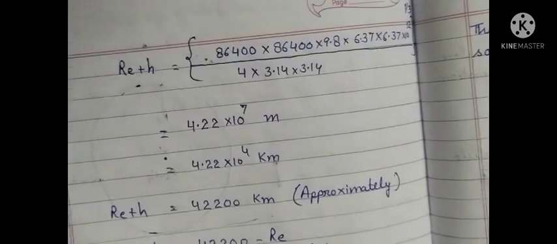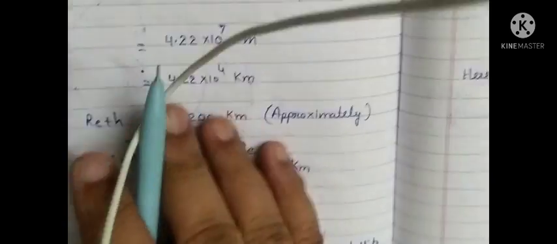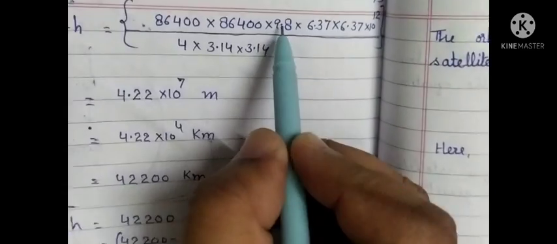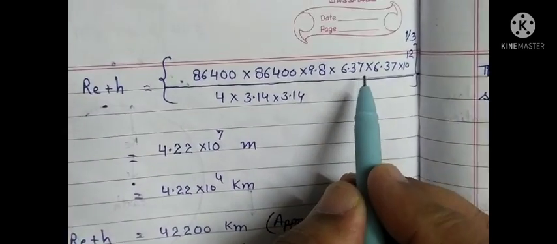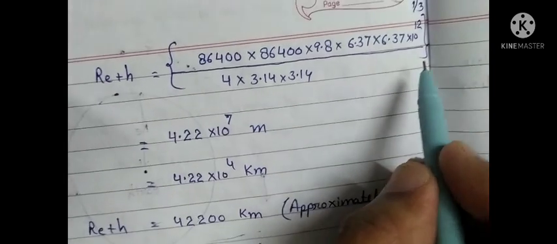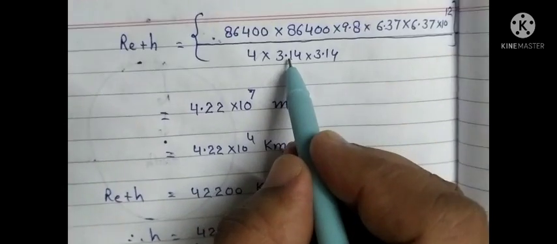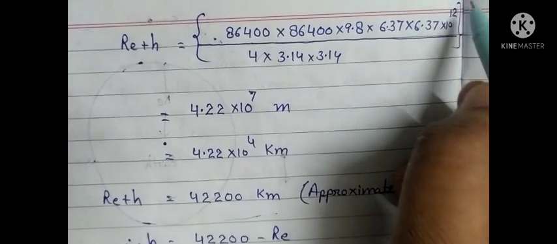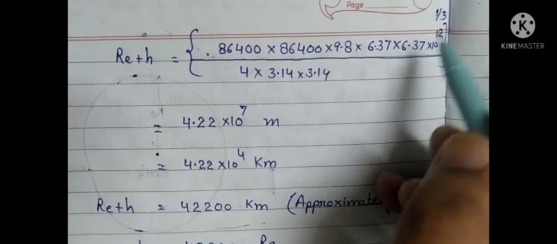Now RE plus H is equal to, using the values, T square is 86,400 into 86,400, into G is 9.8, into RE square, 6.37 into 10 raised to the power 24, upon 4 into 3.14 into 3.14, all raised to the power 1 by 3.